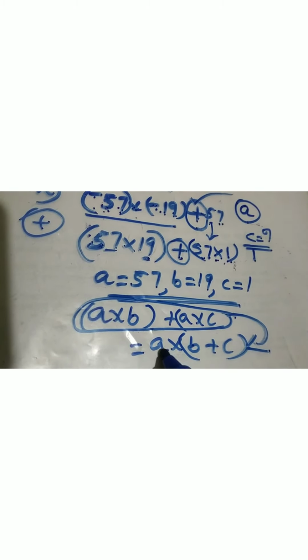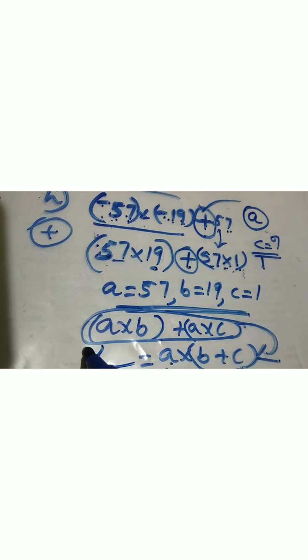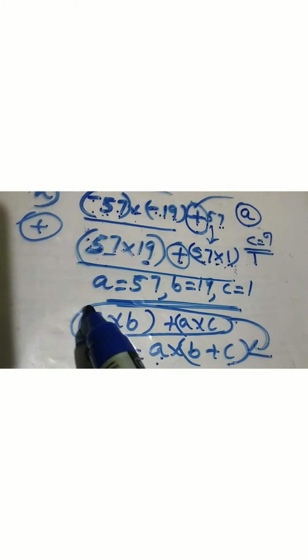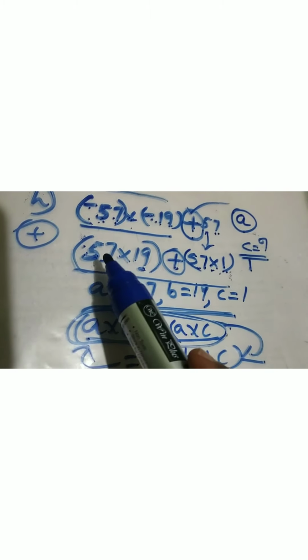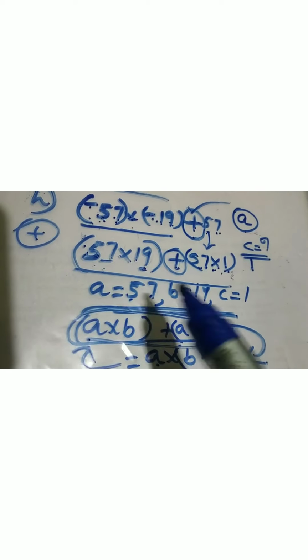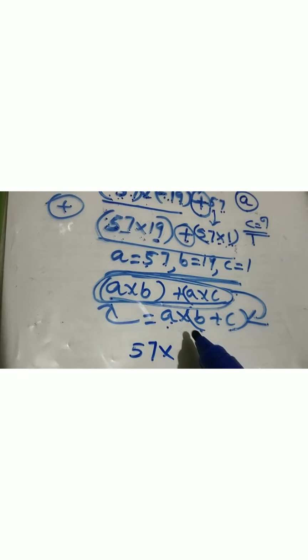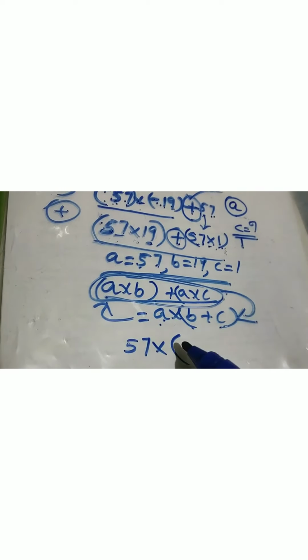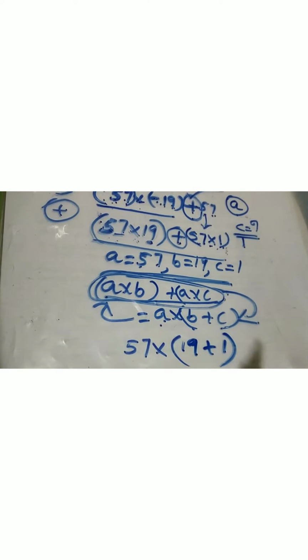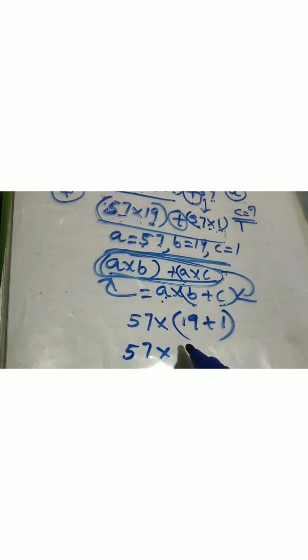Now, this is in the form of A into B plus A into C. So, we can convert in this form. Here, the common number is 57. So, we can write this one 57 into bracket B plus C. Here, B is 19 and C is 1. Okay. Now, 57 into 19 plus 1, 20.